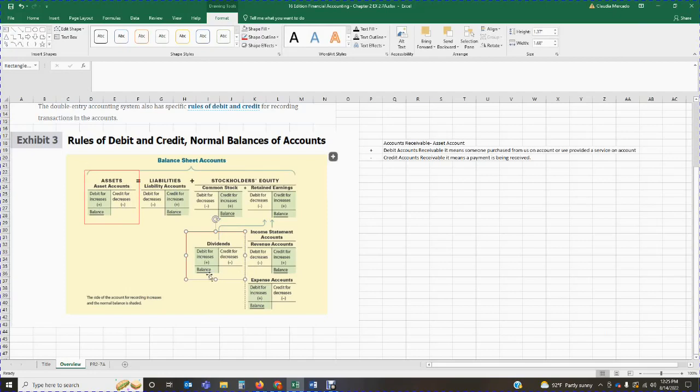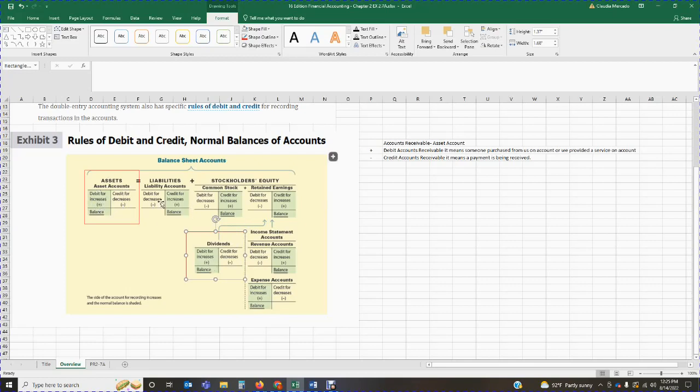And what type of accounts are they? First of all, what type of an account? Is it an asset, a liability, common stock, retained earnings, dividends, revenue, or expense account? Figure out which accounts are being affected. And then after you figure that out, you have to figure out if they are increasing or decreasing. And then that will tell you if you need to debit or credit the account.